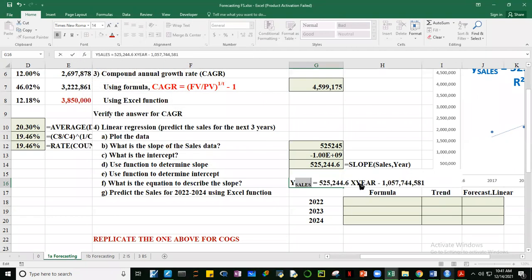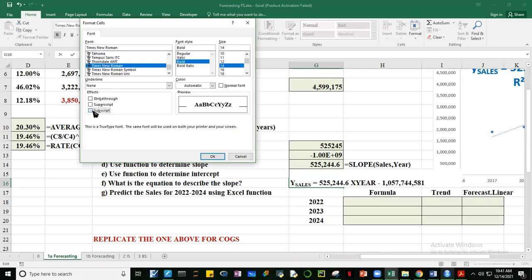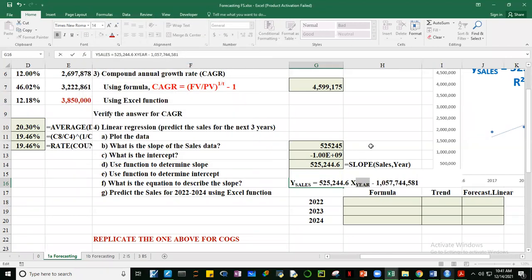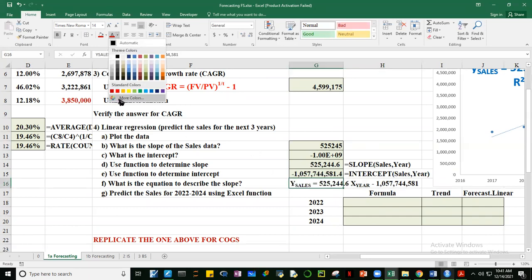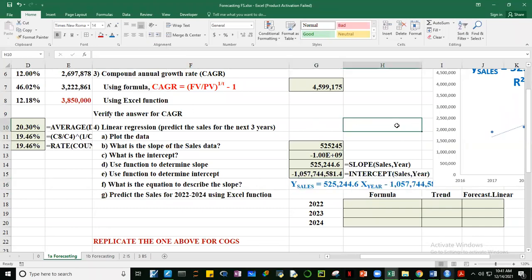Okay, and then yung year natin, subscript natin. Okay, so this is our equation, guys. This is our linear model. Y sales is equal to the slope times year minus our intercept.